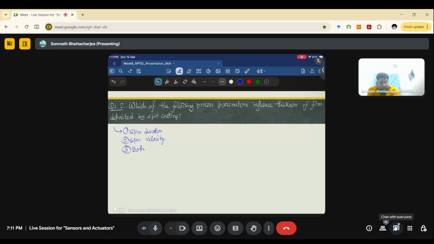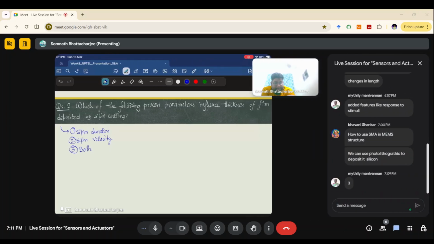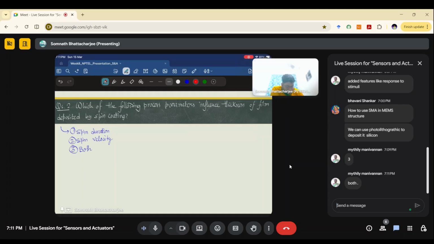Just a second, let me open this. So obviously it's both, right? So how does spin duration affect the thickness of the film, and how does spin velocity affect the thickness of the film?